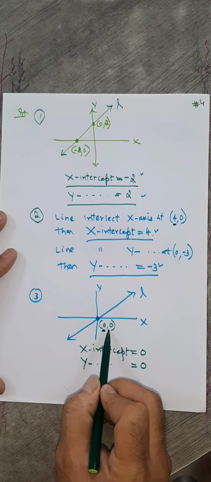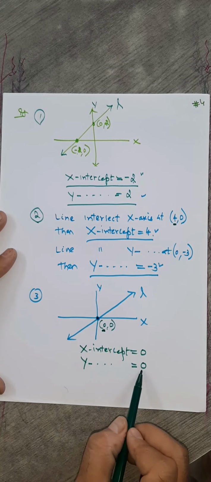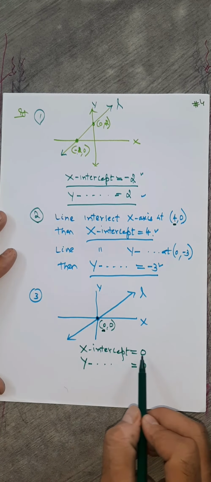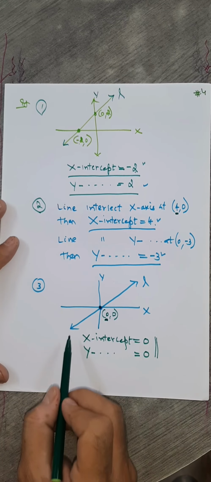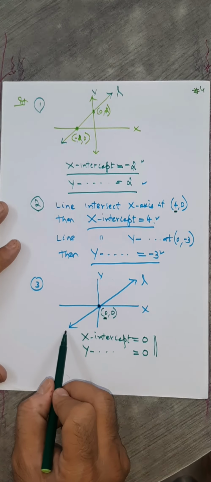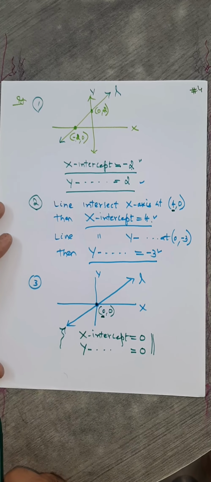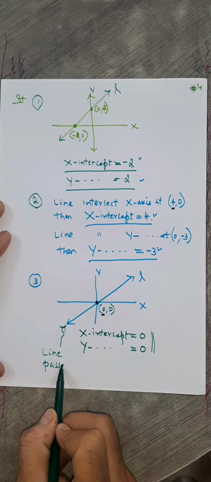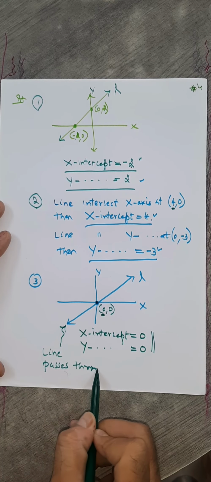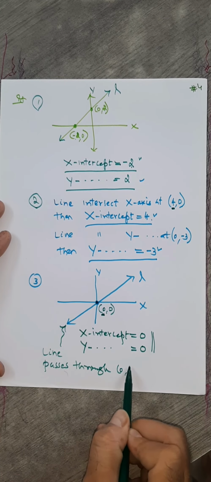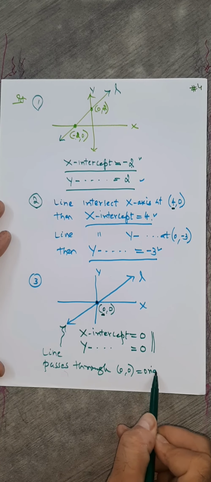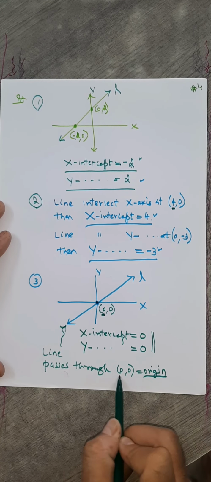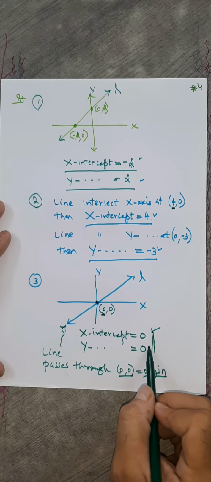Here 0 comma 0. So the x-intercept is 0. Where does the line intersect the y-axis? Again 0. So both the intercepts are 0. The important point you need to note here is that if a line passes through the origin, 0, 0, then both the intercepts, x and y, are 0.